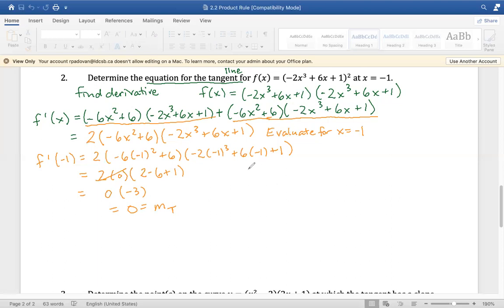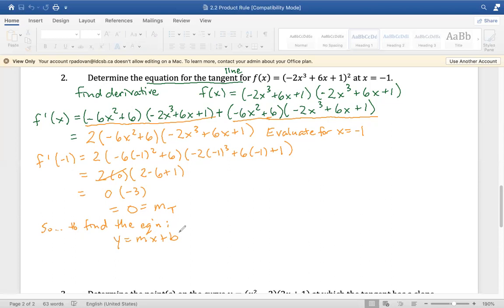So to find the equation, I'm just going to move up. I'm going to go down here. So to find the equation would be y equals mx plus b, right? The equation of the tangent line is a straight linear line.